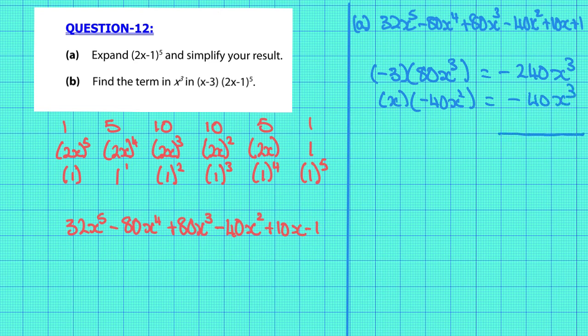Add those two terms together, we get minus 280 x cubed, the term we want.